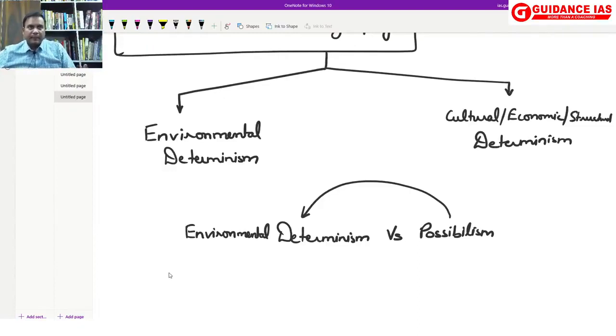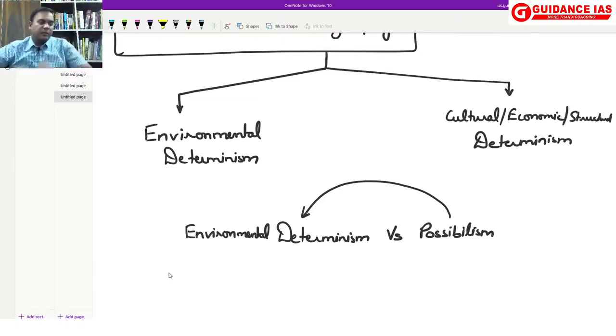Okay. So whenever we are using the word possibilism, what should reflect in my mind? Wherever I am using the word possibilism, my comparison of possibilism should be with environmental determinism. It should always be compared with environmental determinism. Okay?